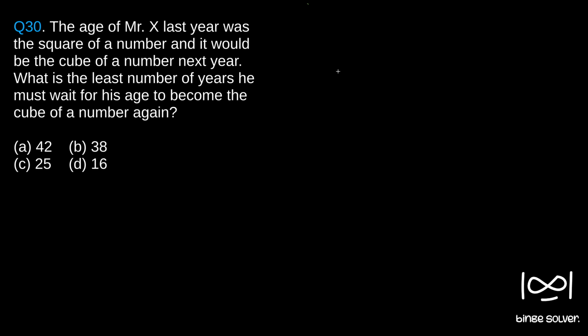So it is given, if his age was X, age next year will be X plus 1 and age previous year was X minus 1. It is given that this number is a perfect square and this number is a perfect cube.